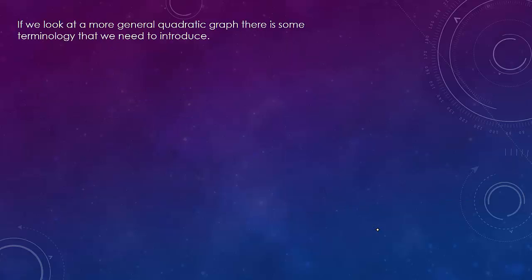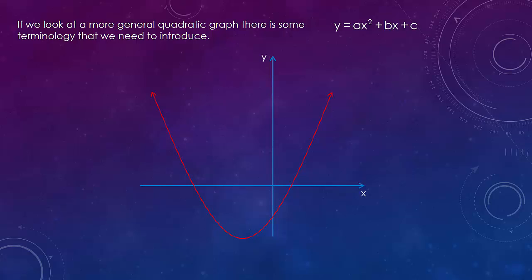If we look at a more general quadratic graph, there is some terminology that we need to introduce. So this is for a graph y equals ax squared plus bx plus c. This particular graph here is drawn for a situation where a is positive, the coefficient of x squared is positive, and that's why the graph is this way. When a is a negative number, the graph goes this way.